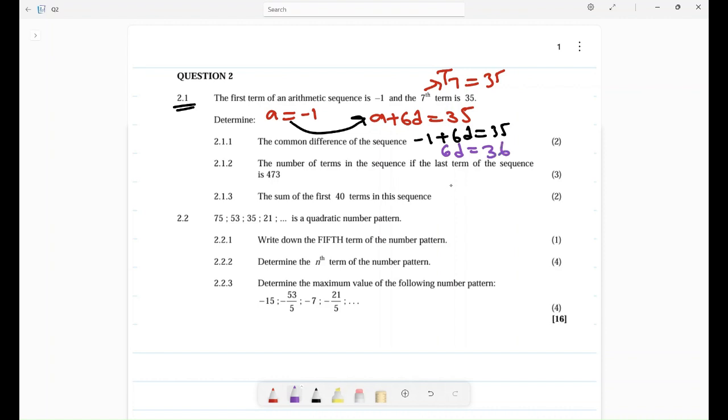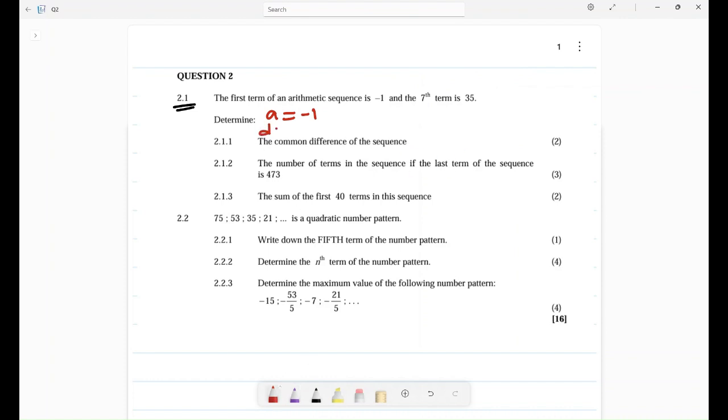Therefore, you all agree that d is 6, right? Yes, so we now have a as -1 and d as 6. D as 6 is us answering this question. Not -6, +6 rather.